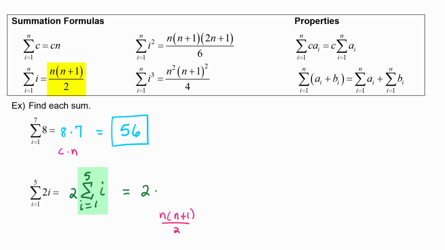Our n right here is 5. Then that means n plus 1 is going to be 6, and we have to put that over 2. So when we simplify this, these 2's are going to cancel, and we are left with 30.